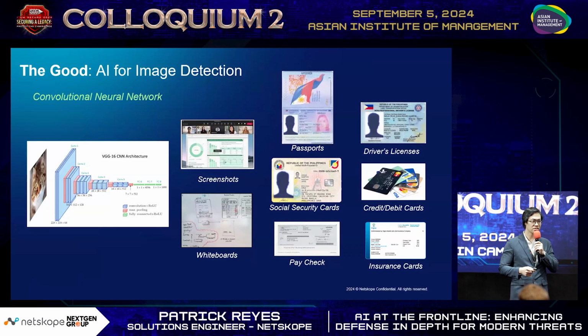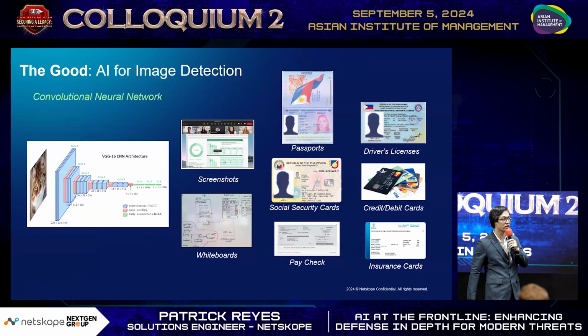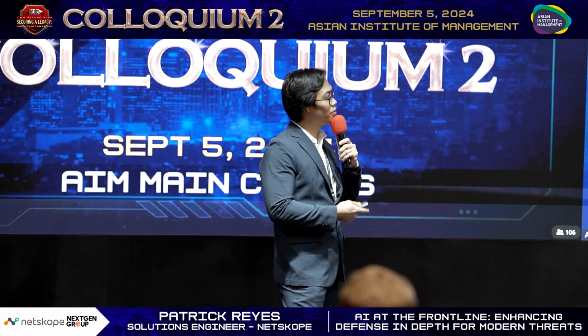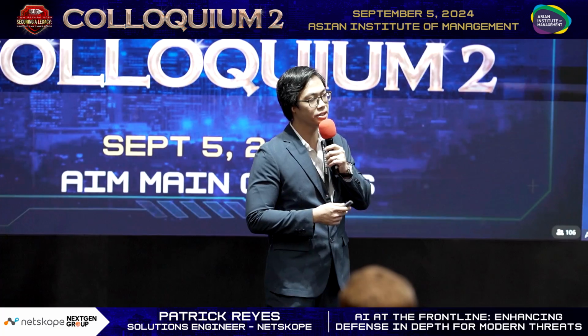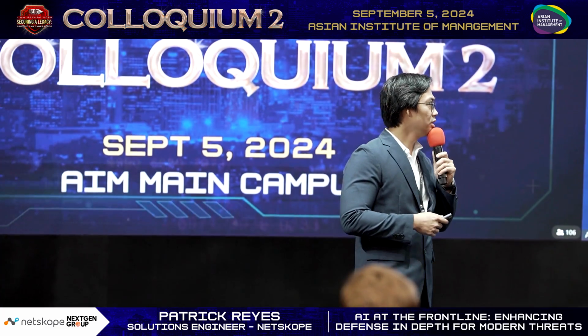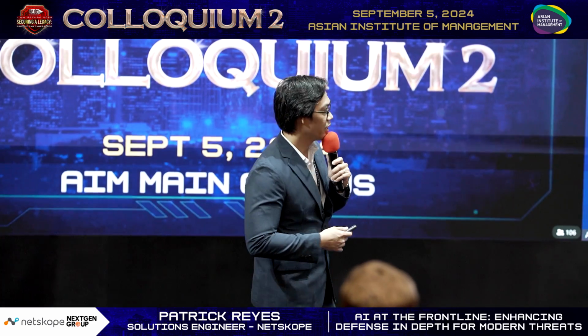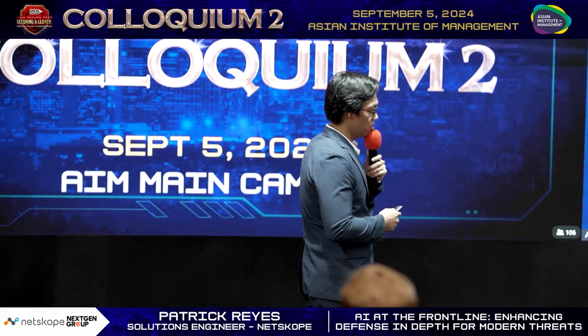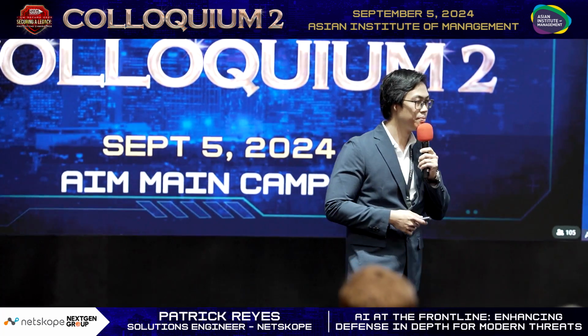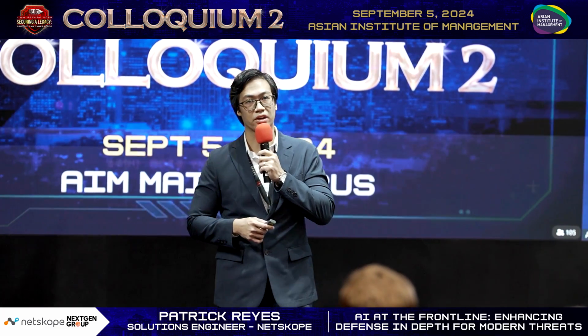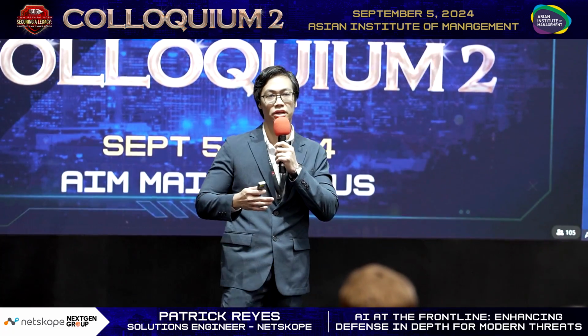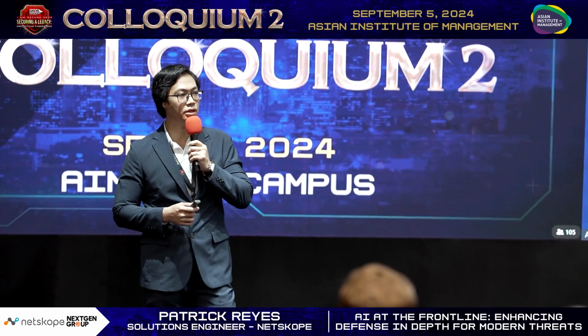And part of the defense in depth basically boils down to protecting data. Every company has a crown jewel, and that's the data to protect. What I'm showing you is the fourth use case, where we use AI to effectively detect data leakage of images. So to detect any sensitive images that consist of passports, driver's licenses, social security cards, credit cards, debit cards, and so on, even screenshots and whiteboards.